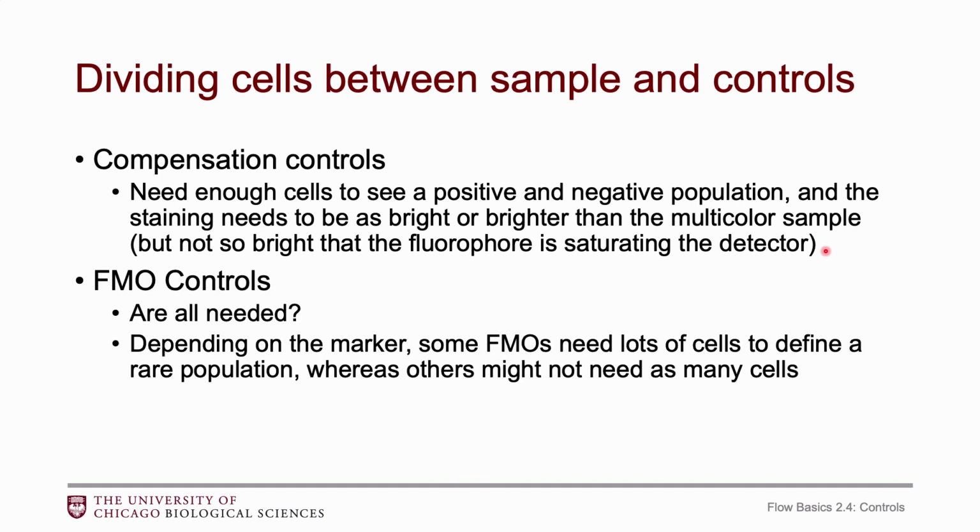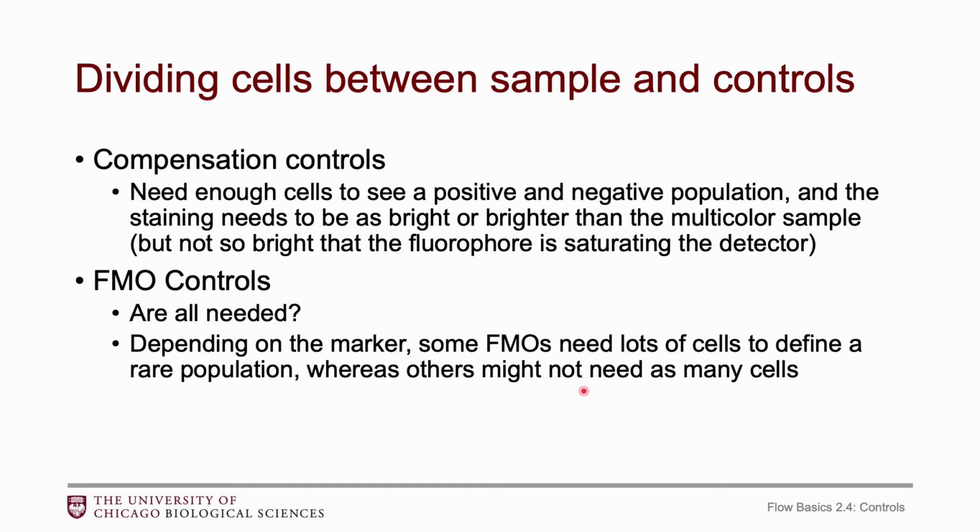For FMO controls, remember we talked about how you might be able to cut out a few of those controls from your experiment if they have the primary antigen on-off type. And then depending on the marker, ideally you probably want to try to keep the FMO controls at a similar cell number as your samples, but it kind of depends on the marker itself.